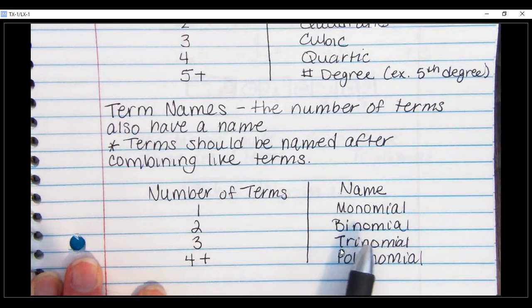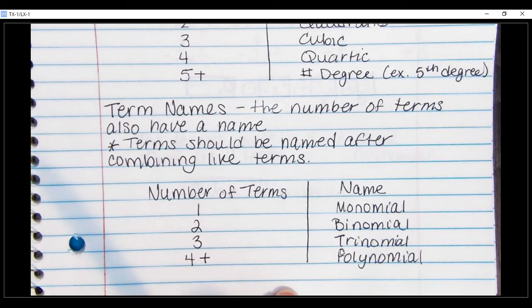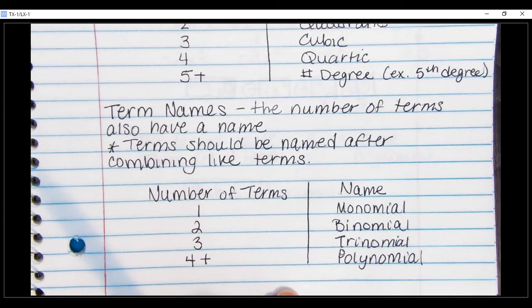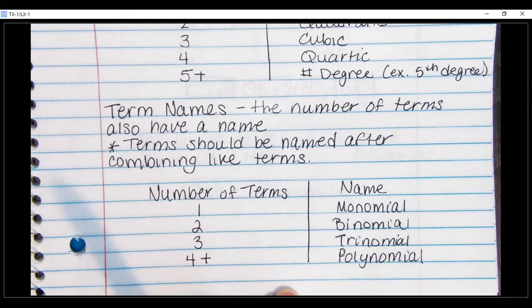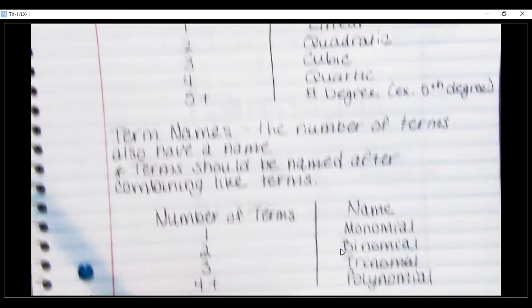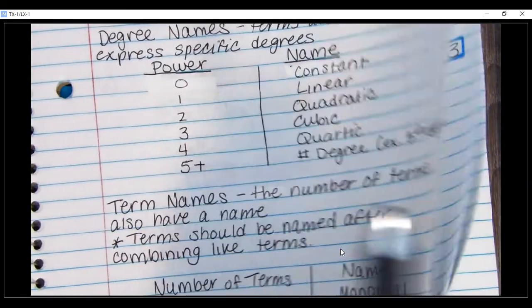So the binomial is 2, and then trinomial is 3. So if there's 3 terms, we call it a trinomial. 2 terms, we call it a binomial. And then 4 and above, we're going to call it a polynomial. So whether it's 4, 5, 6, 7, 8, 9, so on and so on, you call it a polynomial. If this is a little confusing, let's take a look at some examples.